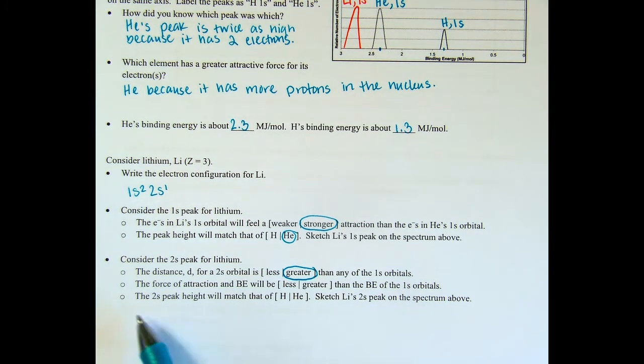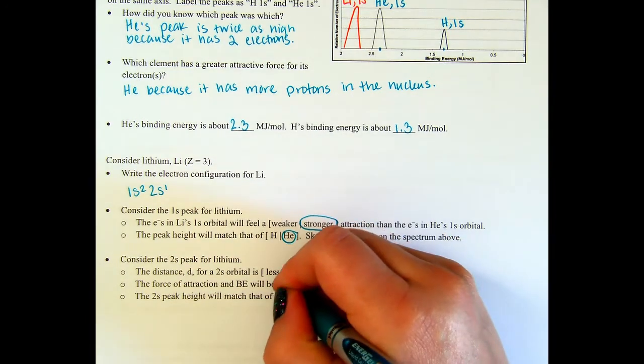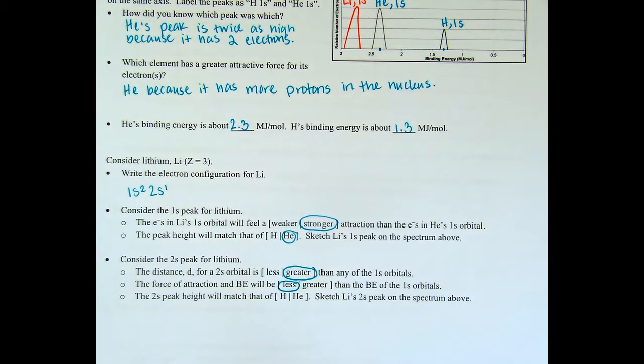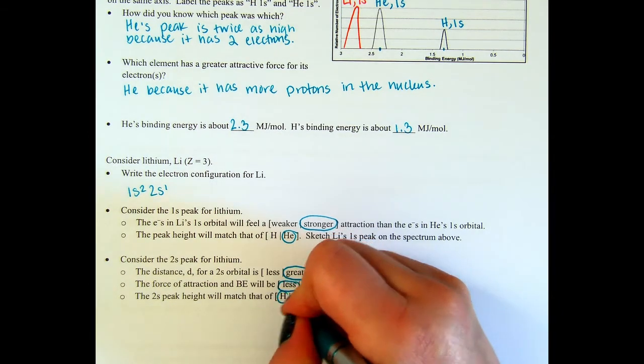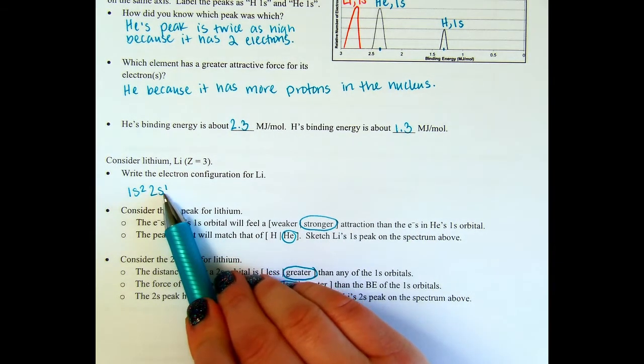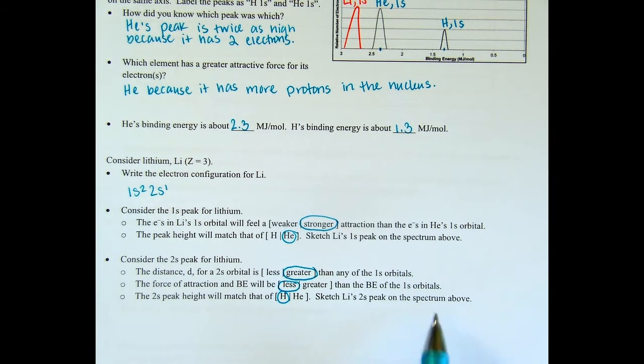Therefore, the force of attraction and binding energy are going to be less, because it's farther away. The farther away it gets, the less it's attracted to the nucleus, and the lower the binding energy compared to any of the 1s orbitals. The 2s peak height is going to match that of hydrogen because there's only 1 electron in there. We're going to sketch that on the spectrum above.